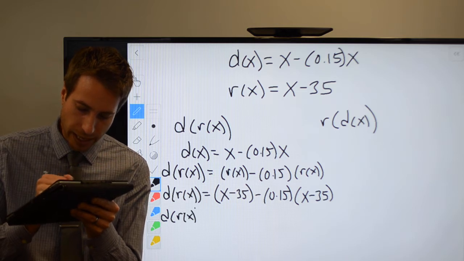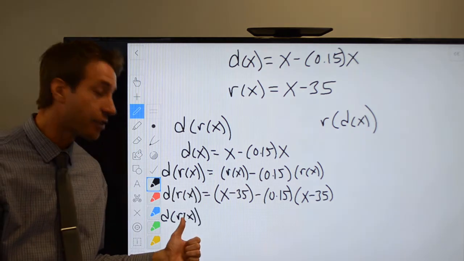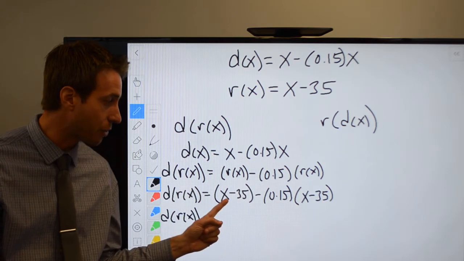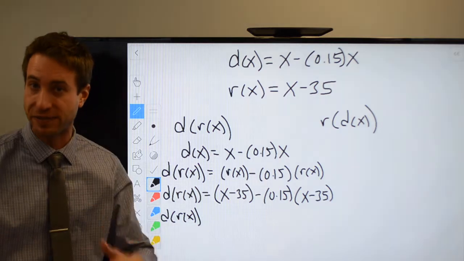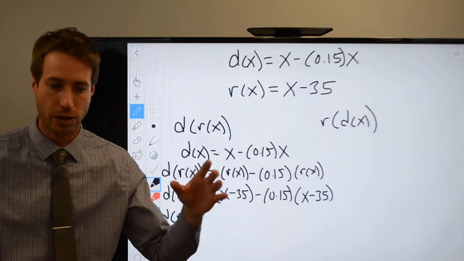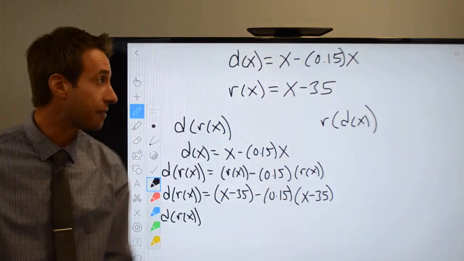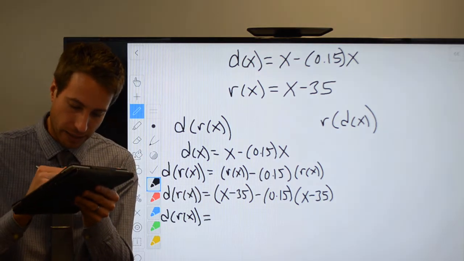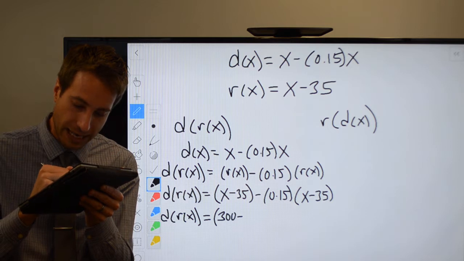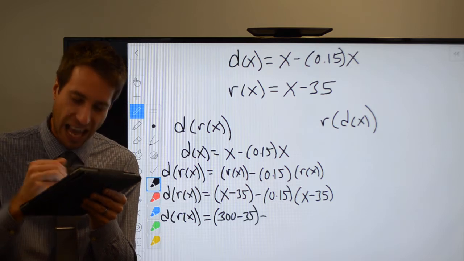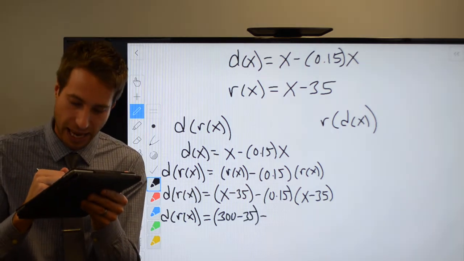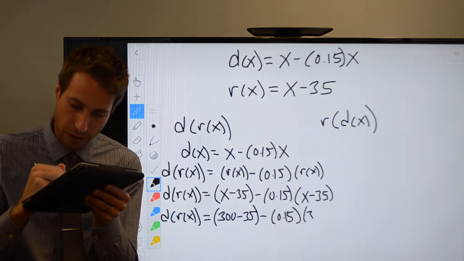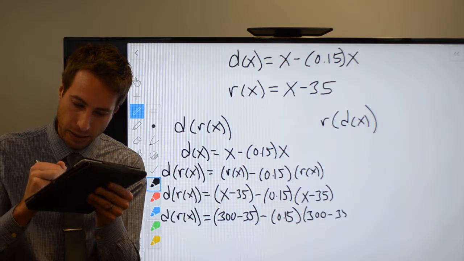Again, what we're doing is taking the rebate first, so we're subtracting the rebate from the original price, then doing 15% off of whatever's left. The original price was $300, so plug that in for x. We're going to do $300 minus $35, and then take 15% of the 300 minus 35.